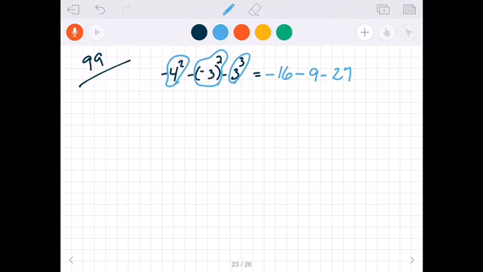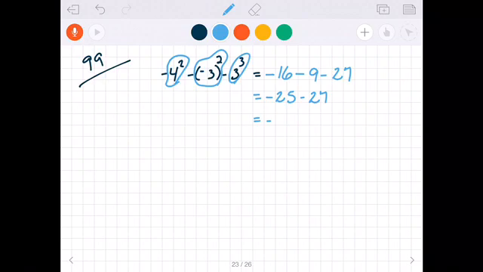Okay, so now all of our numbers are negative, so we know that we will add them all together. So we could just say that negative 16 minus 9 equals negative 25 minus 27. And then we can add those together, and we know our answer is going to be negative.